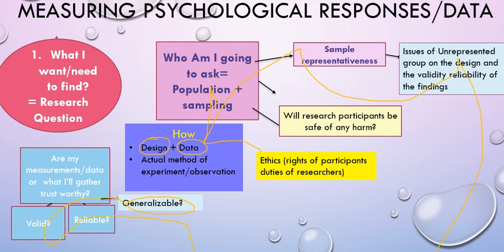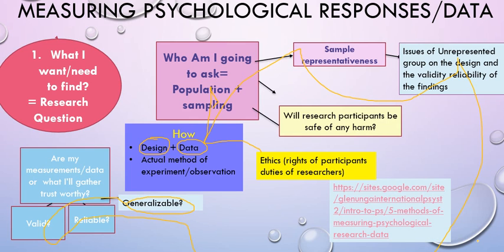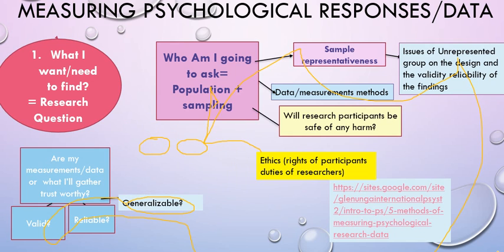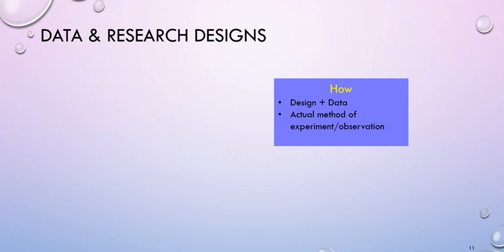I want you also to remember that all this reading we're going to discuss here is on the page I showed you earlier. So let's go ahead and discuss what we really need to focus on.